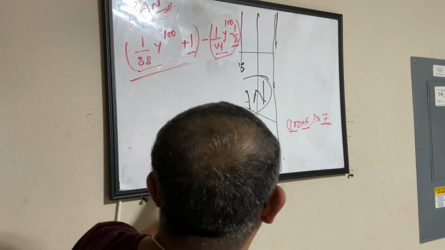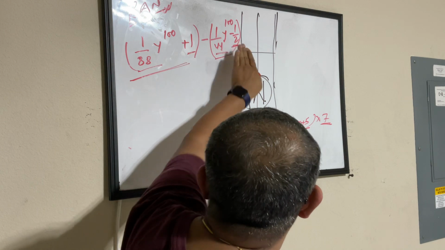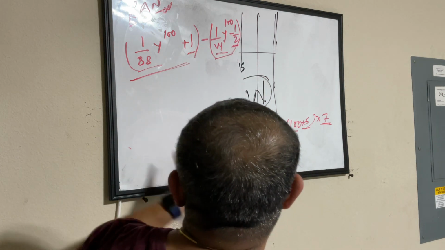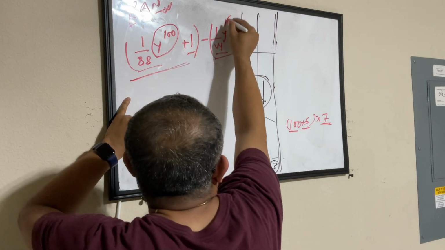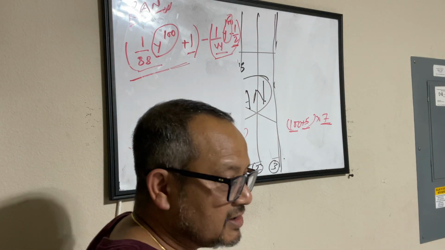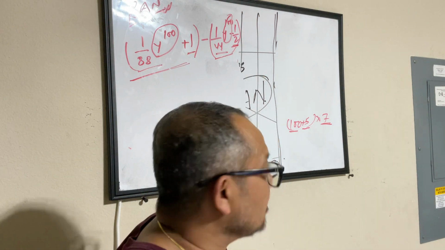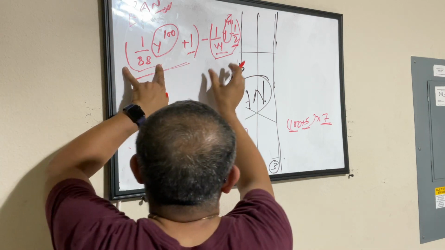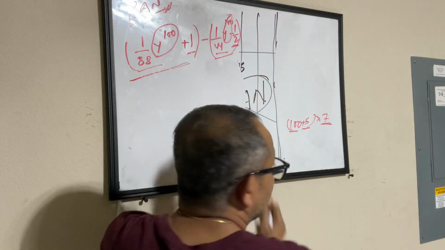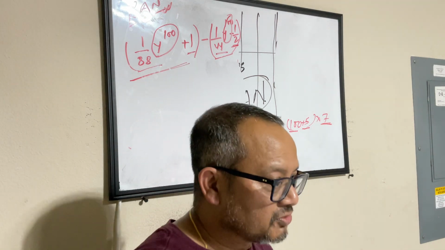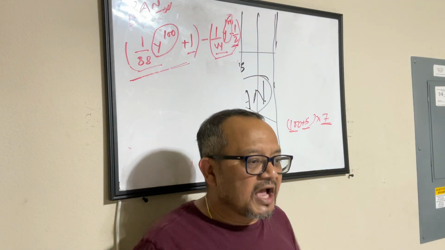This term and this term are similar. So when I have to do any operation, I will deal with 1 and minus 1 here together, and this part and this part together, because I have the variable powers matching in this case. So like what Shiv explained, I will take this and this together and do whatever I have to do. Then I'll take this number and this together. So it's like dealing with apples and oranges.